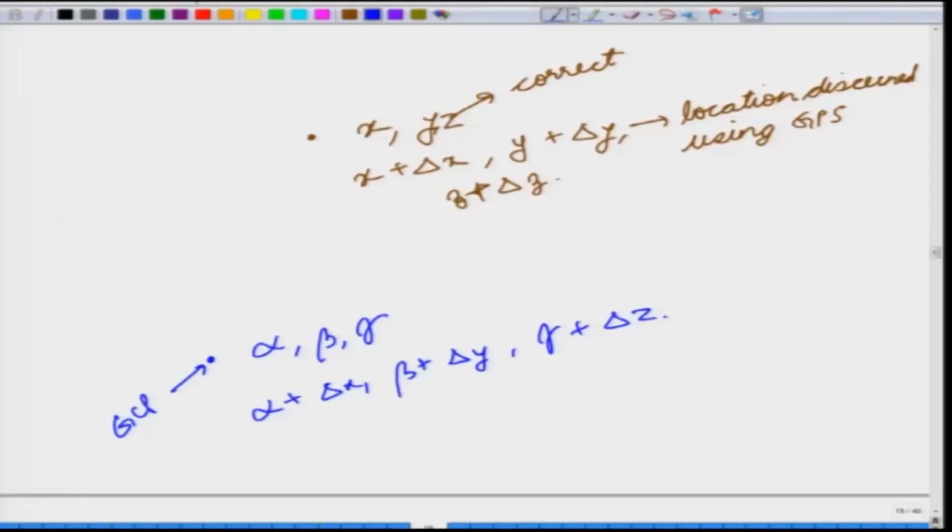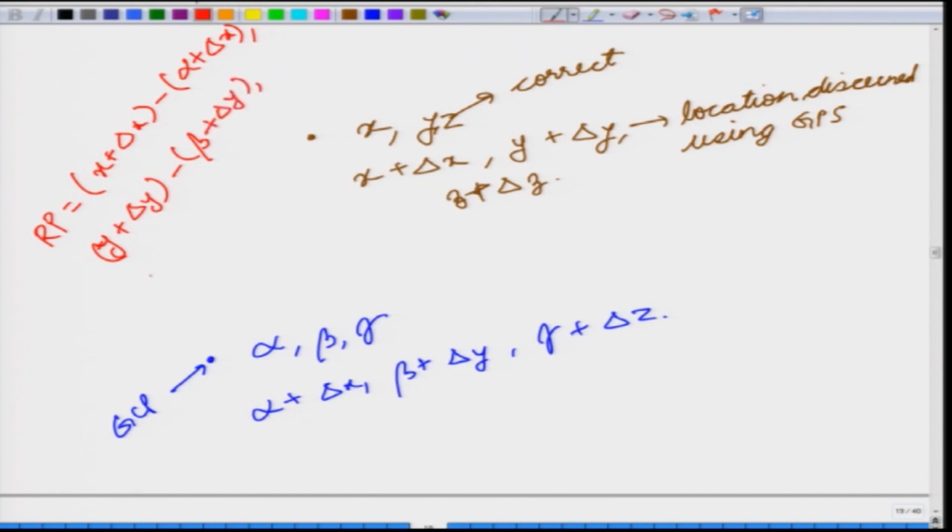Now, if you want to find out the relative position of the brown point with respect to the GCP, then you will have the relative position given by x plus delta x minus alpha plus delta x, comma y plus delta y minus beta plus delta y, and z plus delta z minus gamma plus delta z.